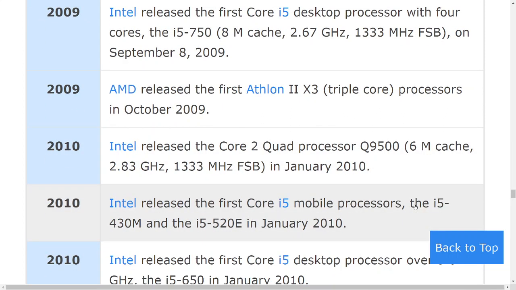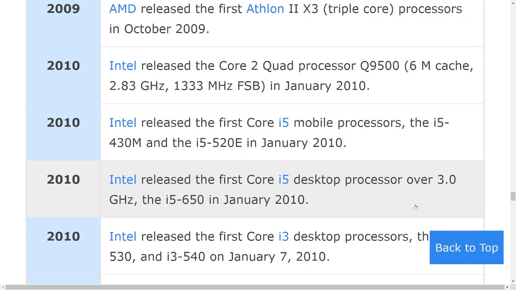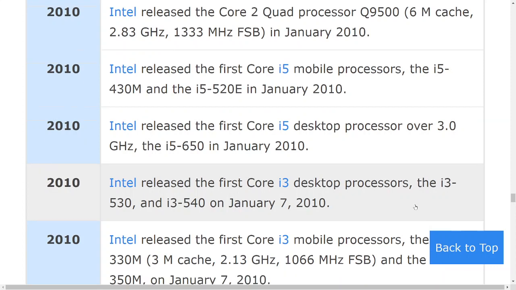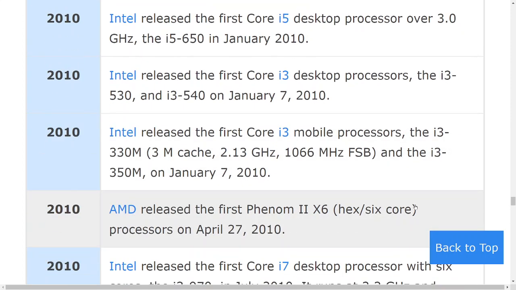Now 2010, Core i5 mobile processor was released, and then it was i650. The same year, it was i3-540. In the same year, it was Core i3 mobile processors. The same year, AMD released Phenom II.